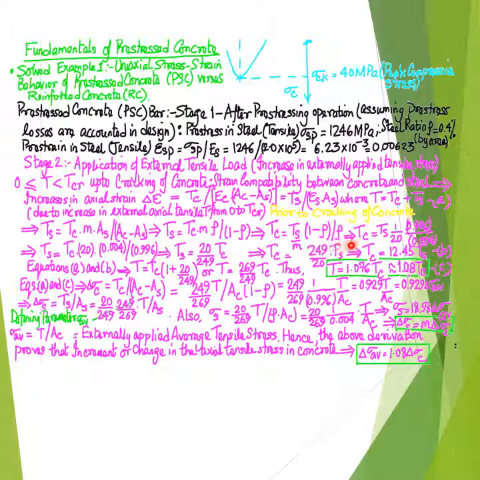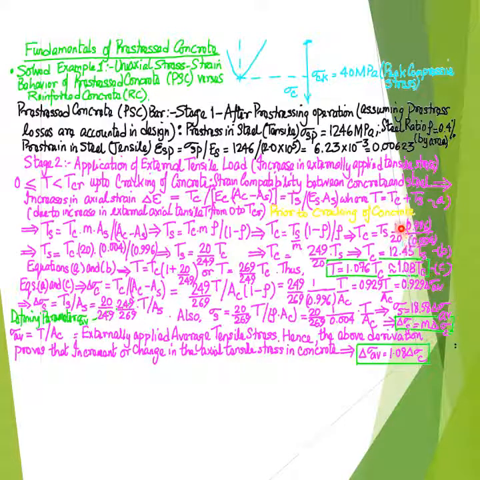One can relate the share of the externally applied tensile force T resisted by the concrete, denoted as T subscript C, to the externally applied tensile force shared by the pre-stressing steel in the pre-stressed concrete bar, in terms of the modular ratio M and the steel area ratio rho, by the relationship expressed in this equation.